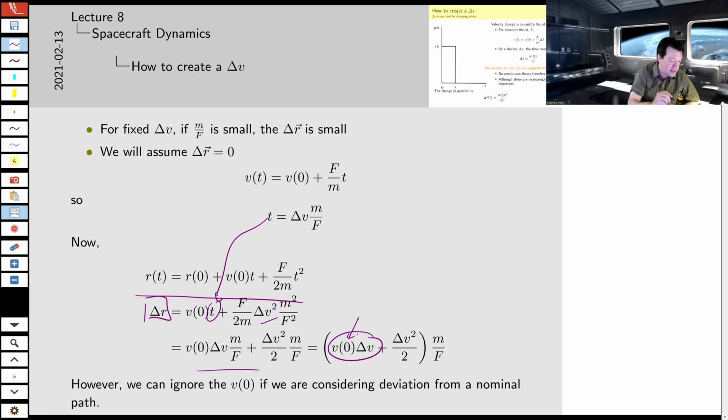But again, all of this stuff is being swept under the rug. This is just here for completeness in case you're wondering how much position you're going to be off by. And this can be substantial if you're, say, launching from low Earth orbit where you're moving very fast. In say Kerbal Space Program, it takes quite a while, and so you have to be fairly careful to be constantly changing your thrust vector. But enough about Kerbal Space Program.